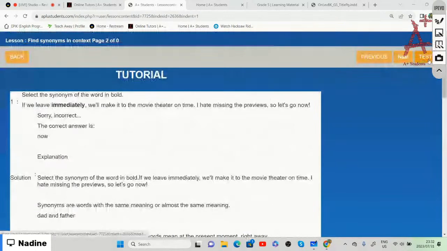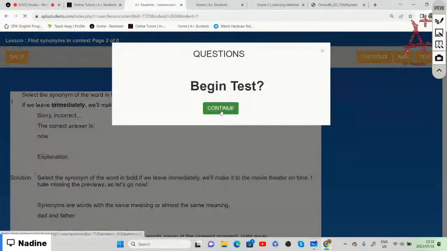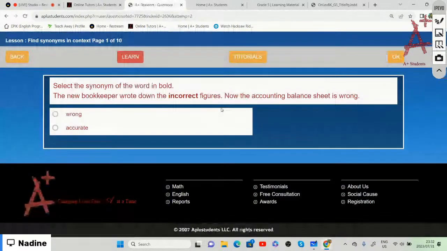All right, so now we're going to test ourselves on finding synonyms within the context. You need to select the synonym of the word in bold. The new bookkeeper wrote down the incorrect figures. Now the accounting balance sheet is wrong.